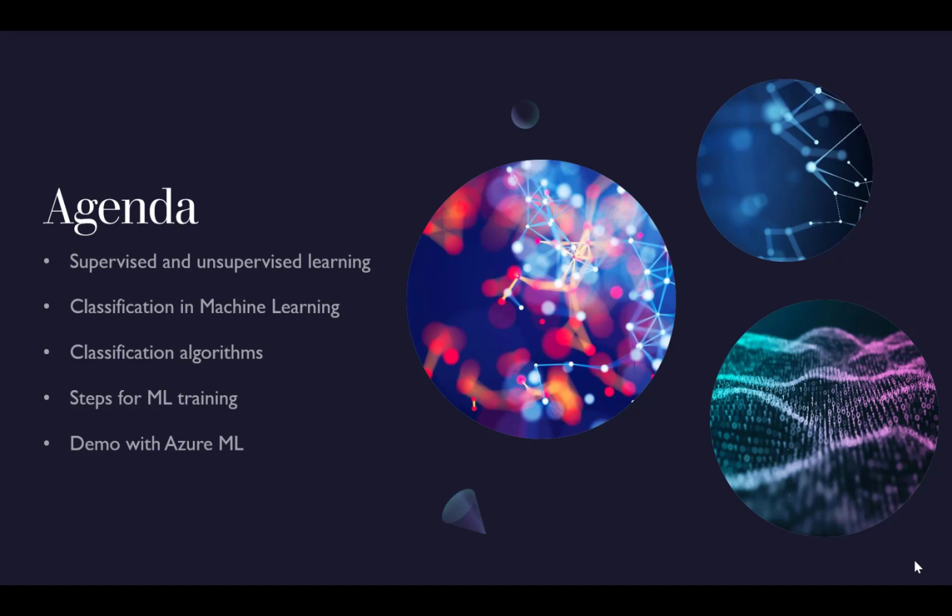I will provide a couple of examples of the algorithms that you can use for all kinds of classification. And then I'll talk about steps for machine learning training, so you understand how you can go from the theoretical part to the practical part using those steps, and then I'll move to the demo.